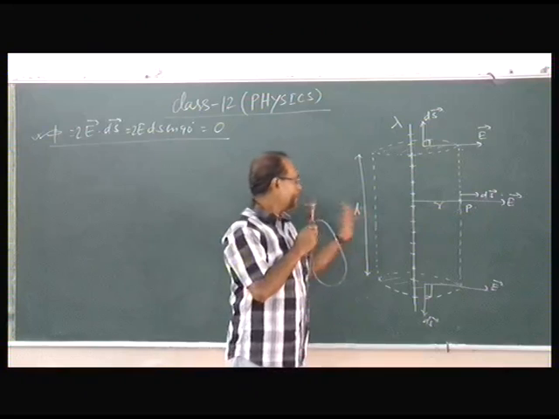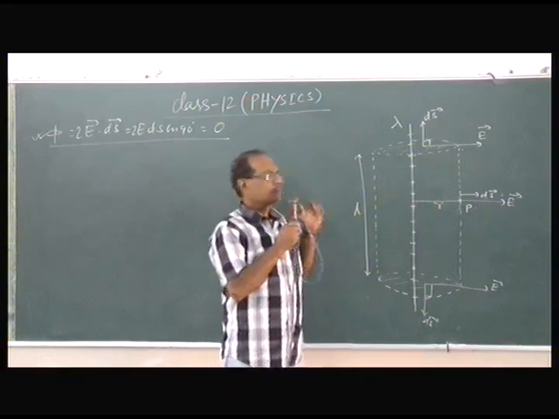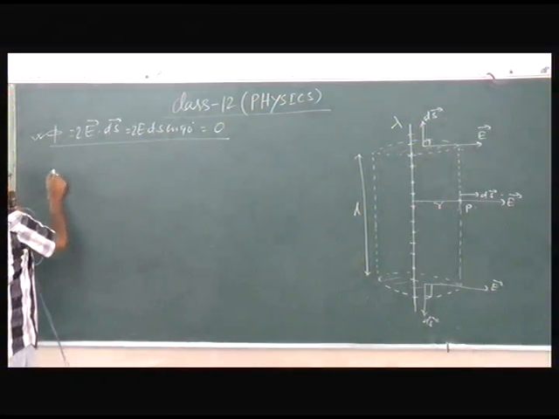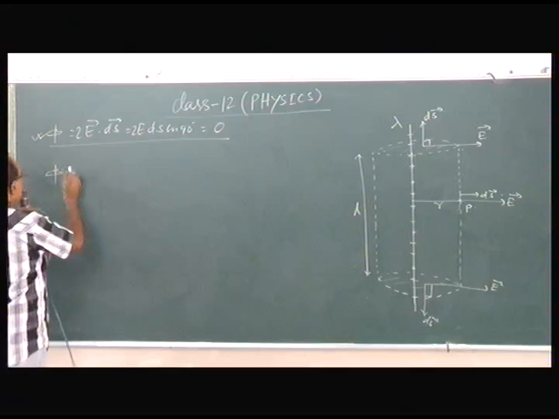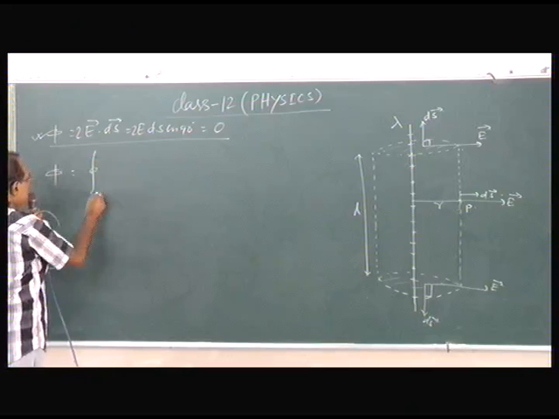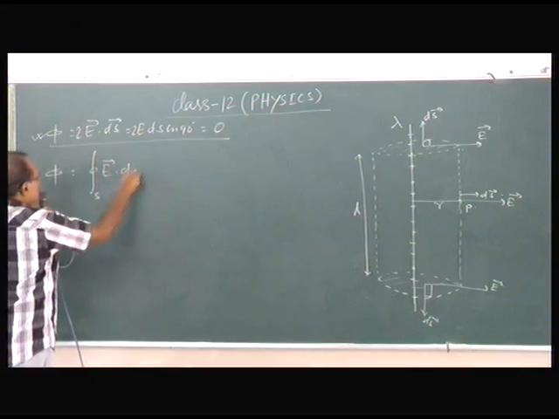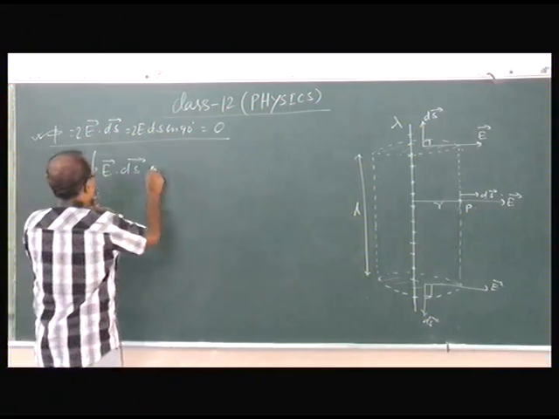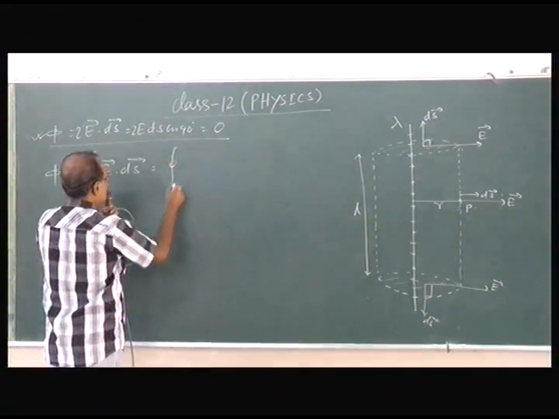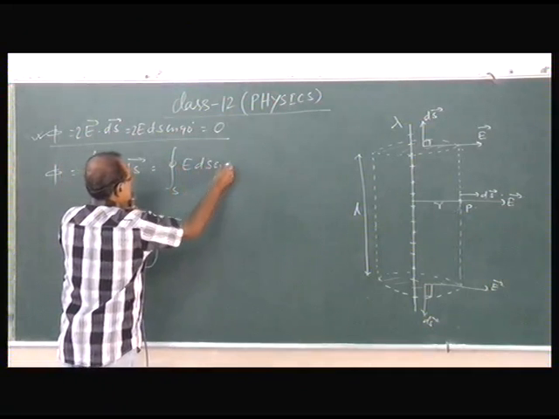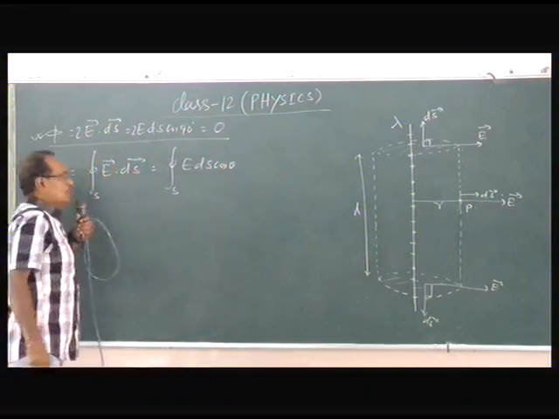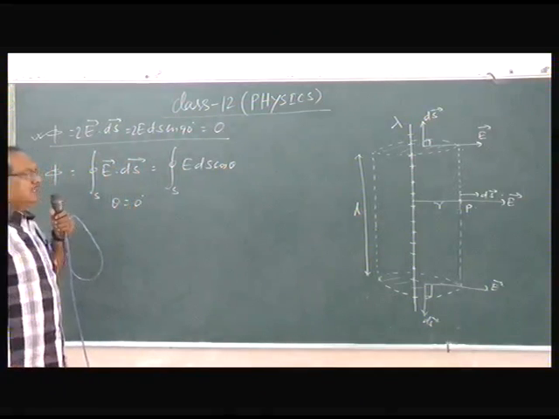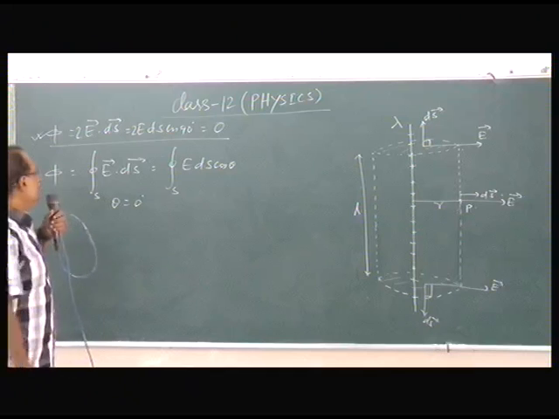Only the curved surface has electric flux. So the total electric flux through the curved surface, phi, is the integral of E dot ds, which is E ds cos theta. On the curved surface, theta is equal to 0, since the ds and E vectors are both in the same direction.